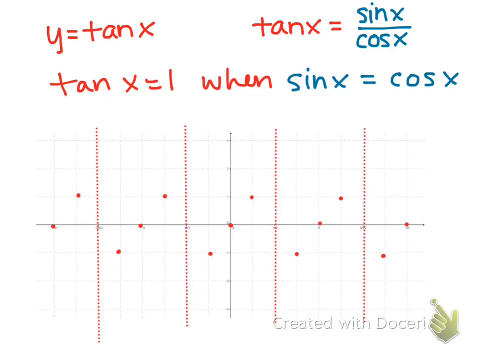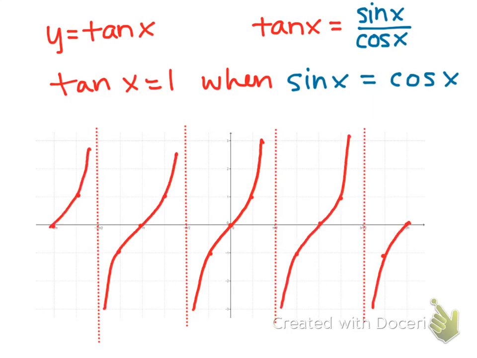And if we were to put in a few more points, we're not going to do it here, but we would see that the graph follows a shape like this. Notice that it does not flatten out as it passes through the x-axis. It's got some slope other than 0 as it passes through the x-axis. And there we have the tangent graph.